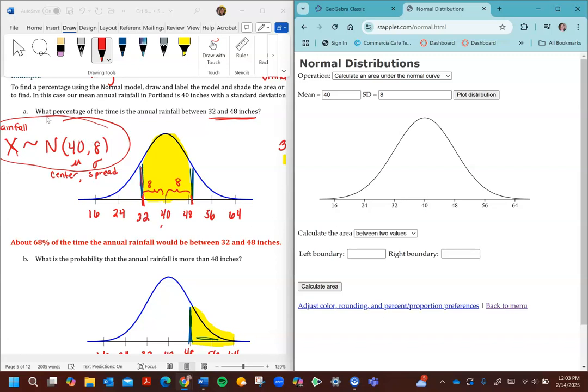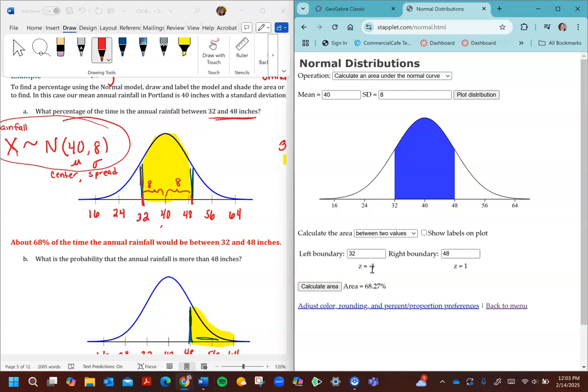And then for this first one, area between 32 and 48 is what we're looking for. So we set this drop down menu to between two values, which is kind of nicer than GeoGebra with the icons. It can get a little bit confusing sometimes just looking at those. And we have left boundary was the 32, right boundary is 48, and then calculate area.